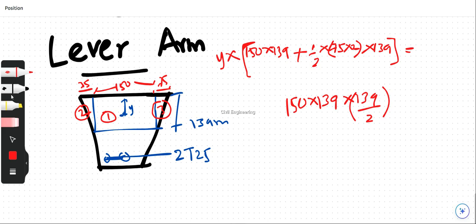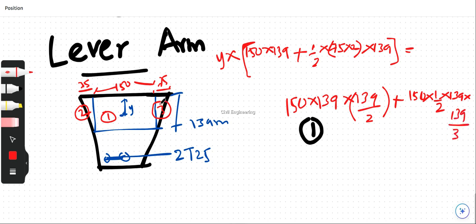This is for the first part, plus I take these 2 and 3 at once. 150 over half, sorry, 150 into half into 139 into 139 over 3.